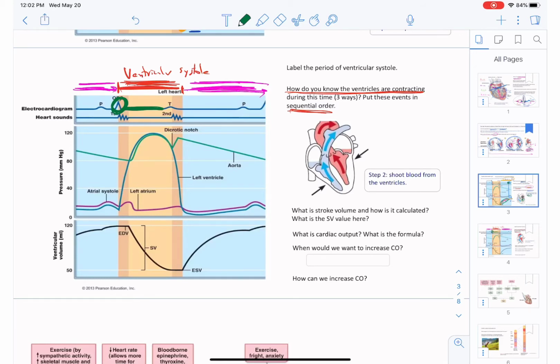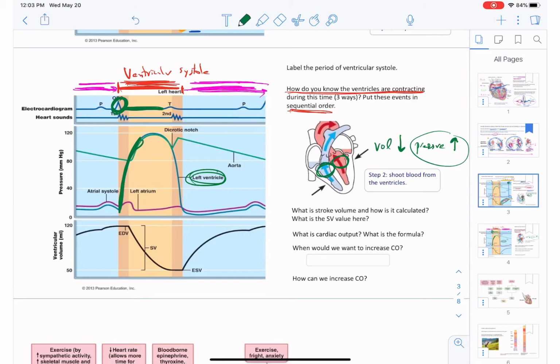Now, what happens when the ventricles contract? When the ventricles contract, the volume in the ventricles goes down. And when volume goes down, what happens to pressure? Pressure goes up. So a second way you can tell that this is a period of ventricular systole is looking at the pressure in the left ventricle. And look what happens. You have this huge spike in ventricular pressure, left ventricular pressure.